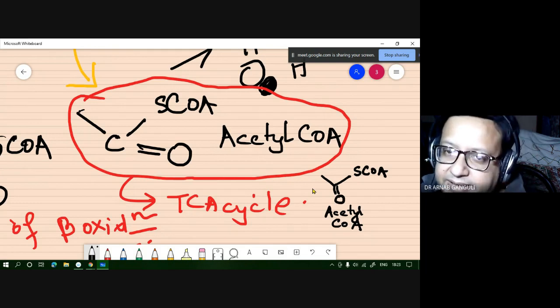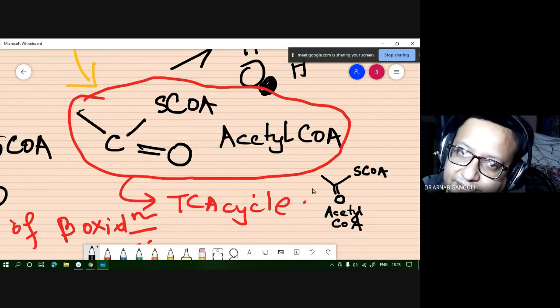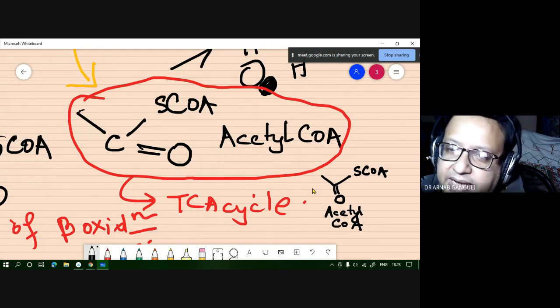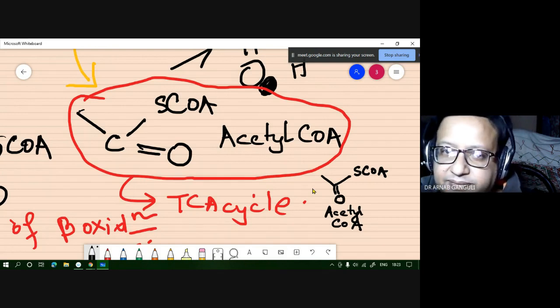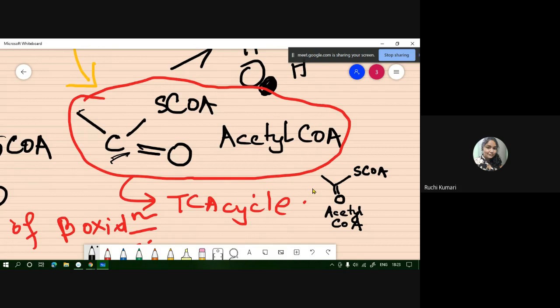Are you able to understand this? If I draw it like this, I'm not drawing any carbon over here. For simplicity, I drew the carbon over here. Is it clear? Yes, sir.